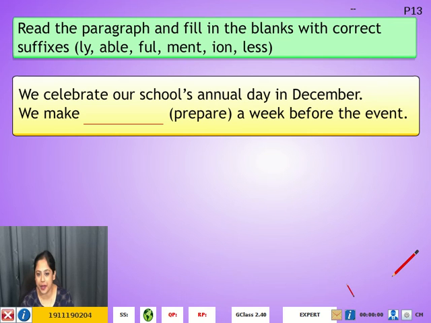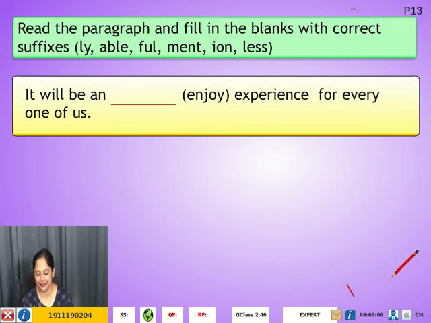Now the word here is prepare. Which suffix will add with the word prepare to form a meaningful word to fill in the blank? Very good. The suffix here is ion. We make preparation a week before the event.